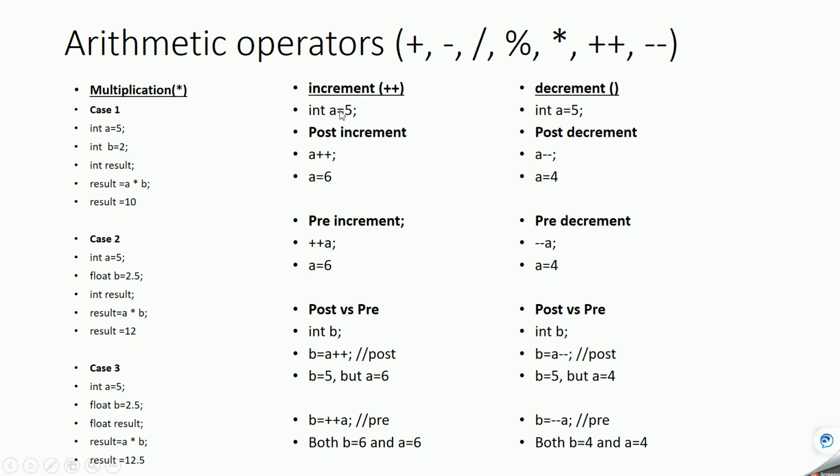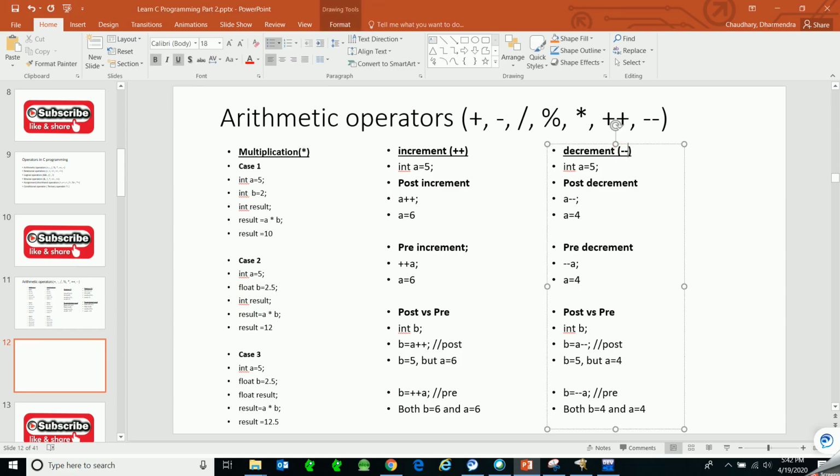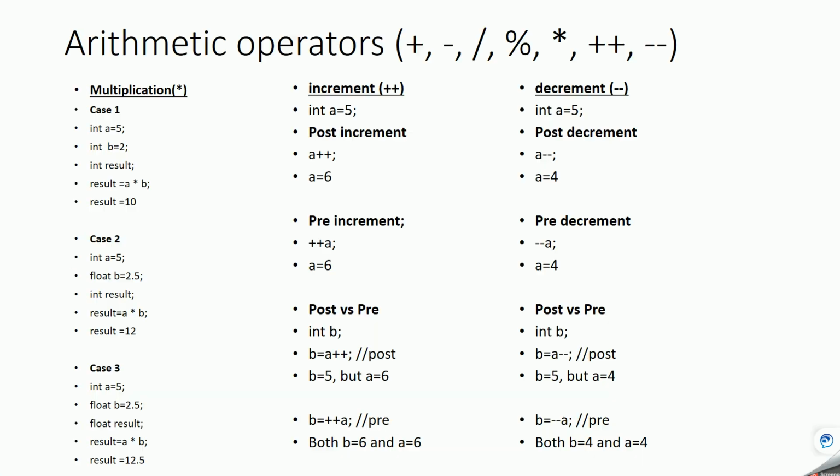Okay, so next we'll see another operator called increment and decrement. We'll see increment first. Suppose a equal to 5. There are two types of increment, post increment and pre increment.